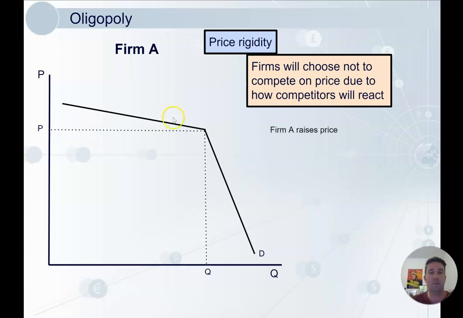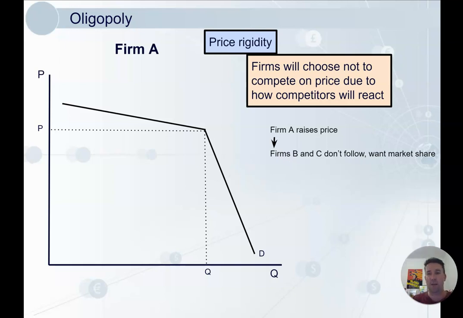Let's say this is the market price, the current price. Firm A decide to raise their price. They think, oh, we can make a bit more profit. Let's raise our price. But the other firms in the oligopoly, B and C, they don't want to follow. They think, if we keep our price low, we'll gain more of the market share.